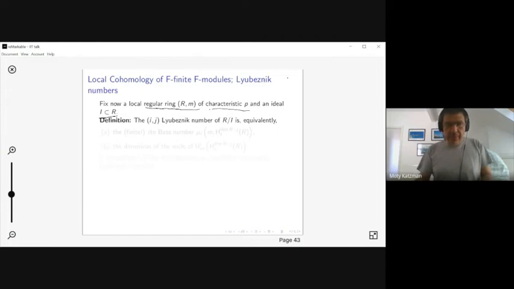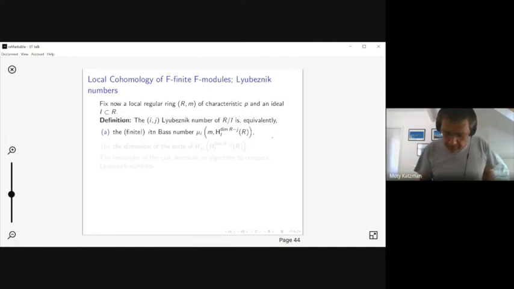So the first equivalent way is as a Bass number. So you look at this local cohomology module with support I, the dimension R minus j local cohomology module with support I of your ring. And then you ask what is the ith Bass number corresponding to the maximal ideal m. So what is that saying? It's saying you take a minimal injective resolution of this gigantic R-module.